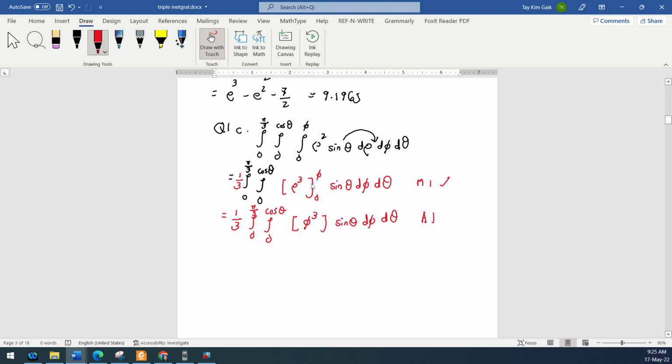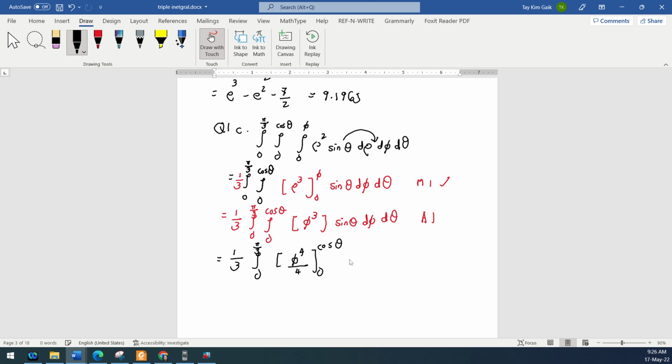Okay. Secondly, integrate respect to phi. Integrate respect to phi power 3. So you got phi power 4 divided by 4. Okay, 0 to cos theta.